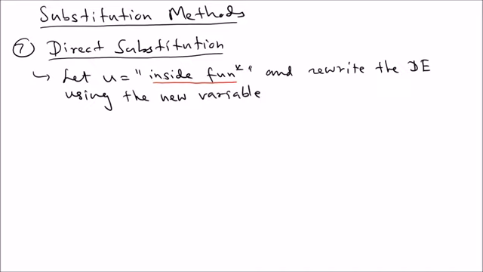So let's see this in a problem. So how about this one? Let's say solve dy over dx equal y plus 4x minus 3 to the square, maybe something like that.